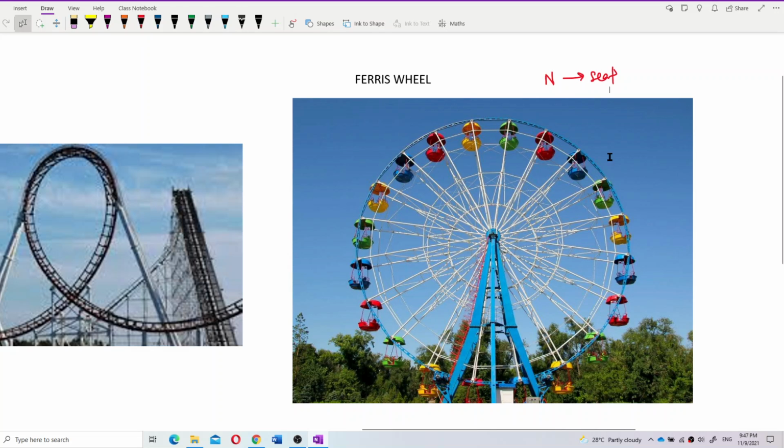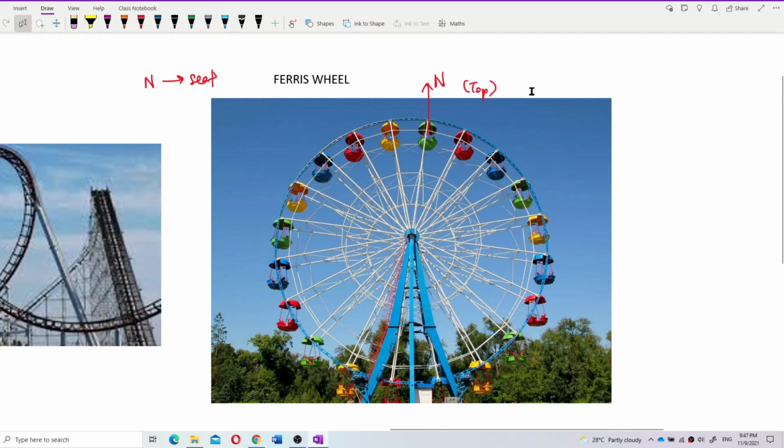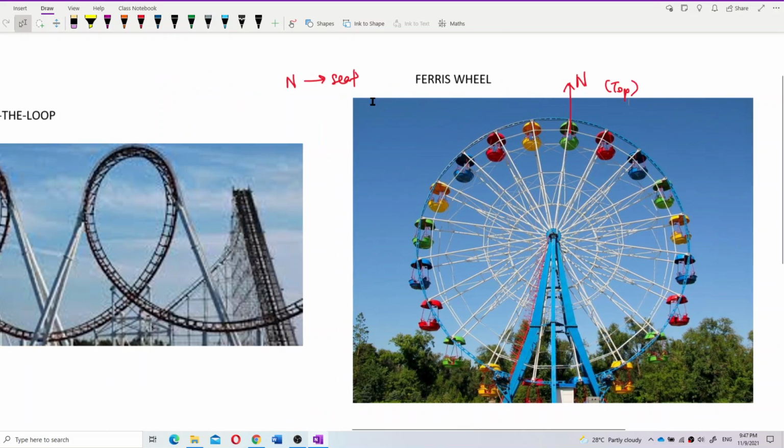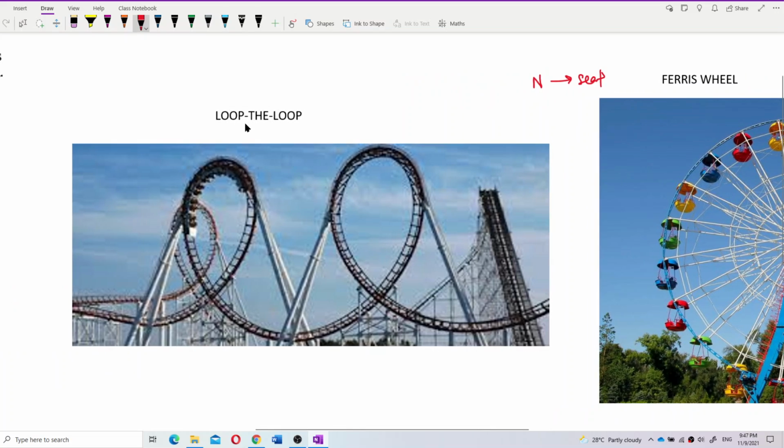You are not upside down, you are in your original form. So your normal force is going upward at the top position, because you are in your original form. But for this one, at the top position, you are actually upside down.